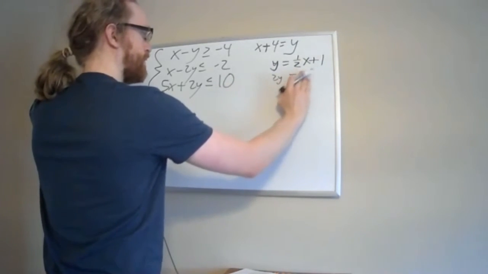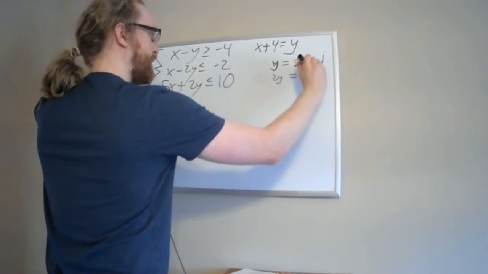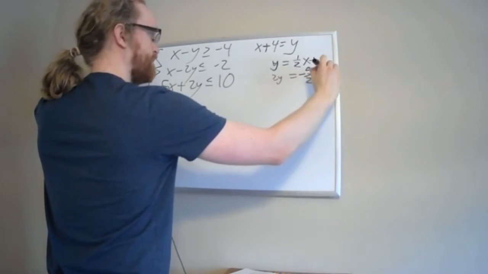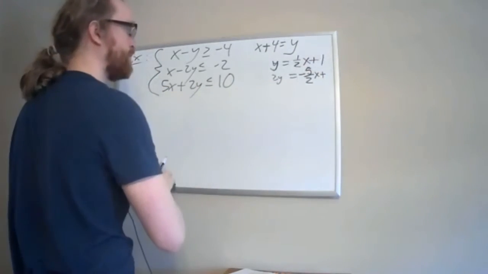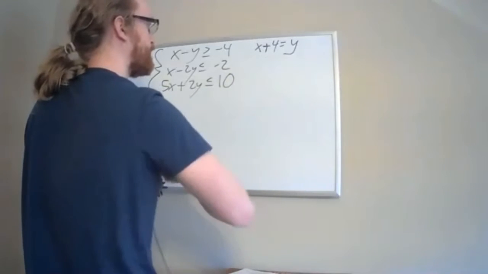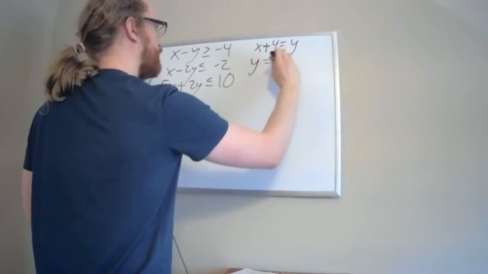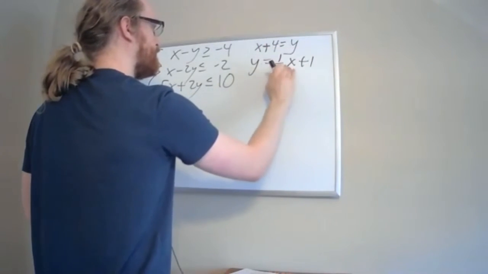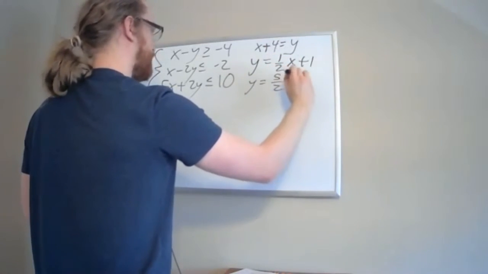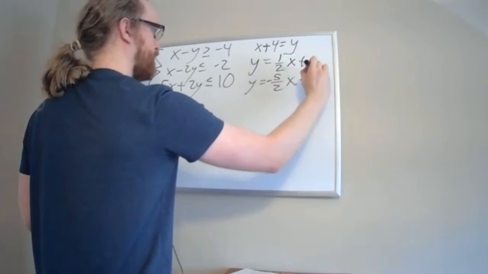So I think there I'll get -5/2 x plus 5. Maybe rewrite it to the left a little so we have more room. Rewrite this one too. That was 1/2 x plus 1, and this was negative 5 halves x plus 5.